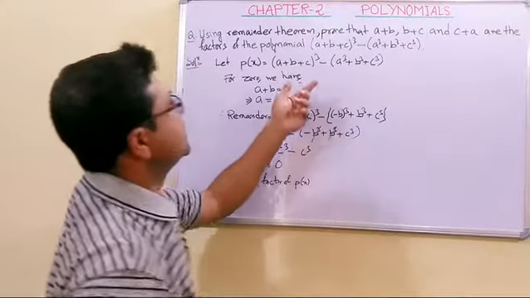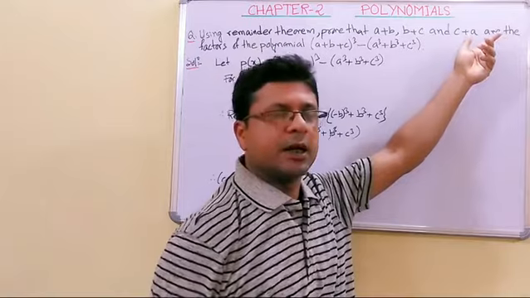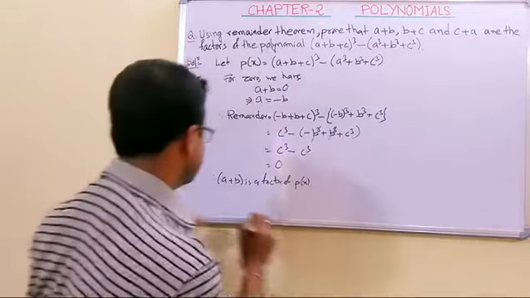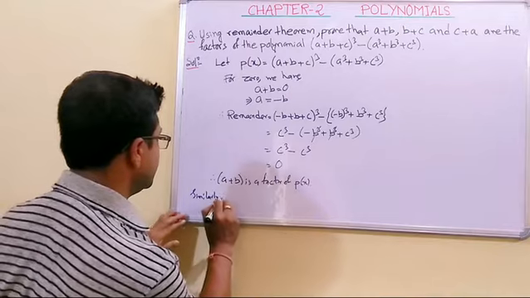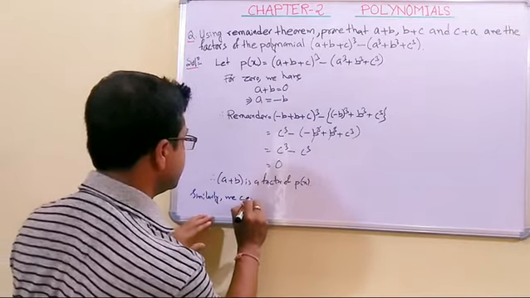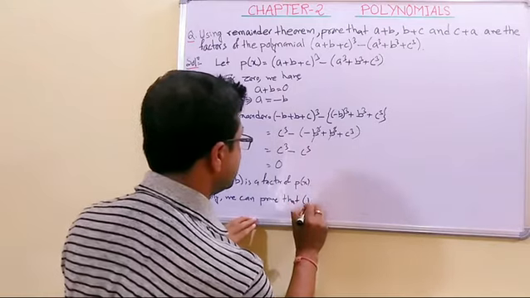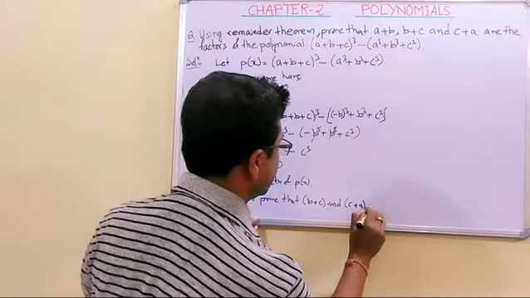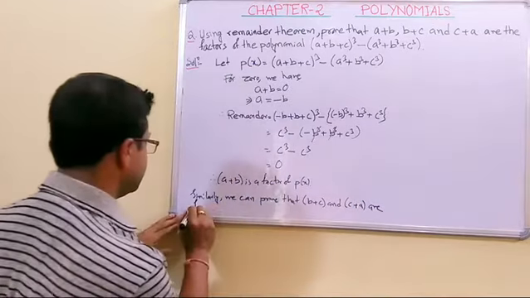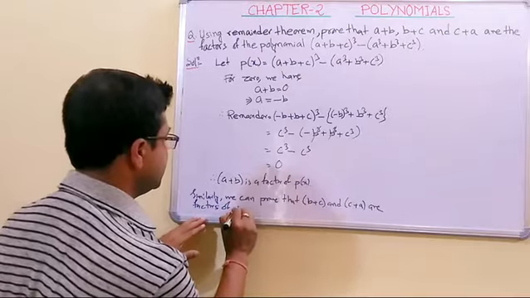Alright, now in a similar manner we can prove that b plus c and c plus a are also factors of p(x). Similarly, we can prove that b plus c and c plus a are factors of p(x).